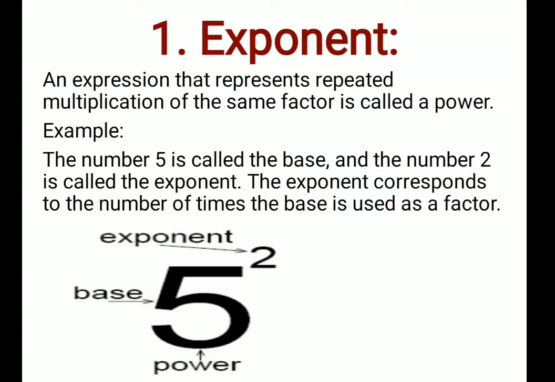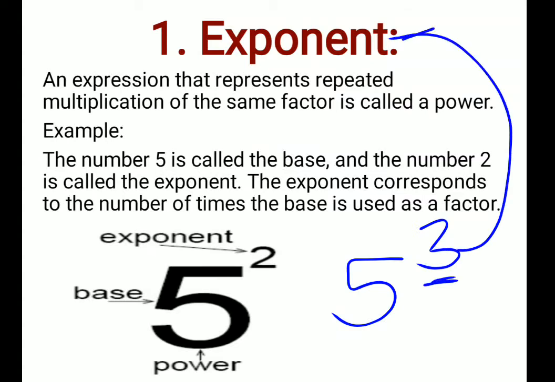So for example, you can see the number 5, when you write it like this, is called the base, and the number 2, if you write 2 here, will be considered as the exponent. If you write 5 to the power 3, this power 3 will be indicated as the exponent, nothing big you have to learn.